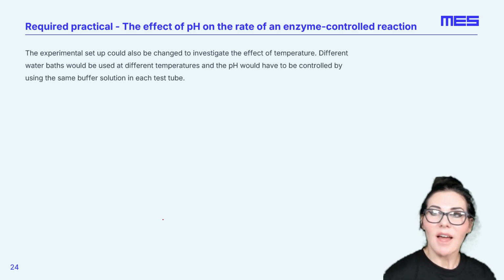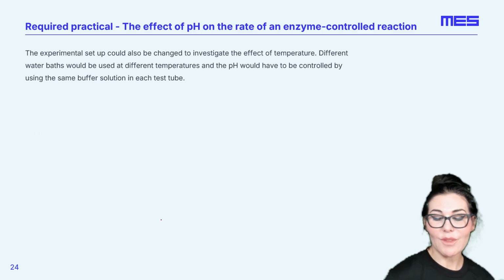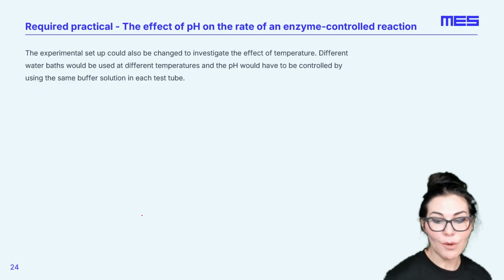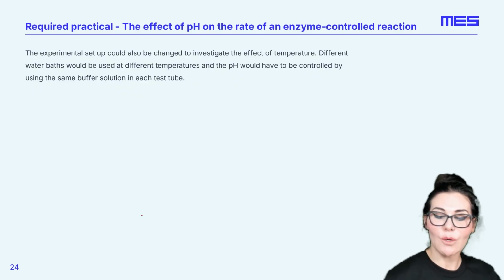Now, you can carry out this experiment with different independent variables. So instead of changing the pH, you could alternatively have used the same pH. You could pick the optimum pH for that enzyme, like pH 7. Make sure that the buffer throughout is used as pH 7. And you actually put your tubes of amylase and starch at different temperatures in different water baths.